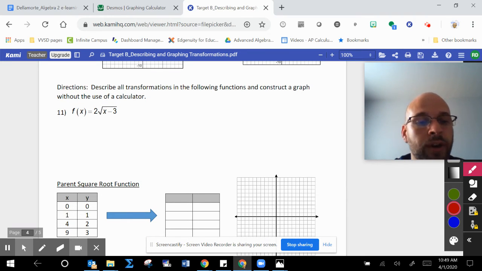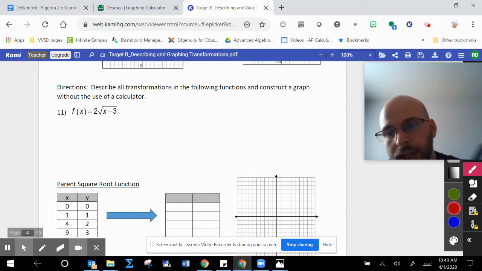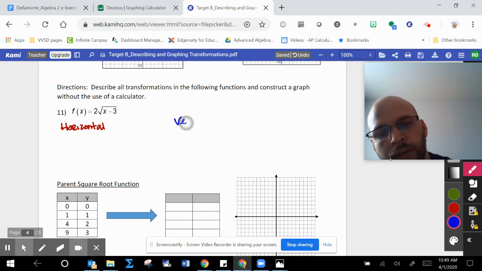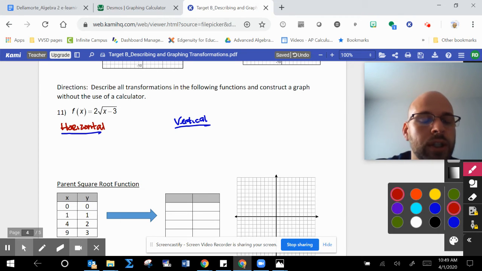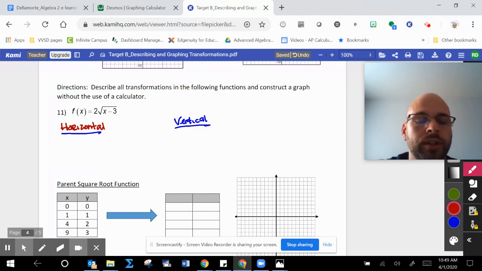Now this is a square root function. And we're going to have both horizontal transformations and vertical transformations. Okay. So the question is in number 11, what are the horizontal changes?